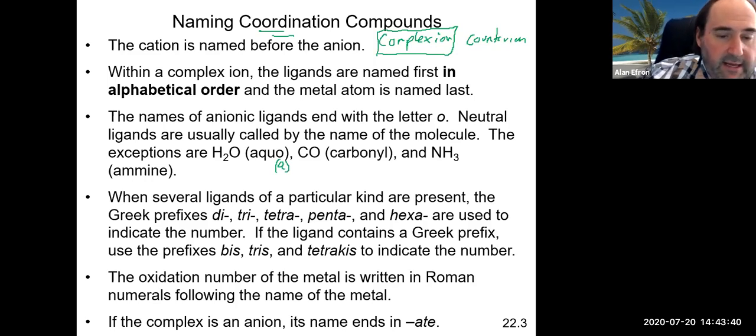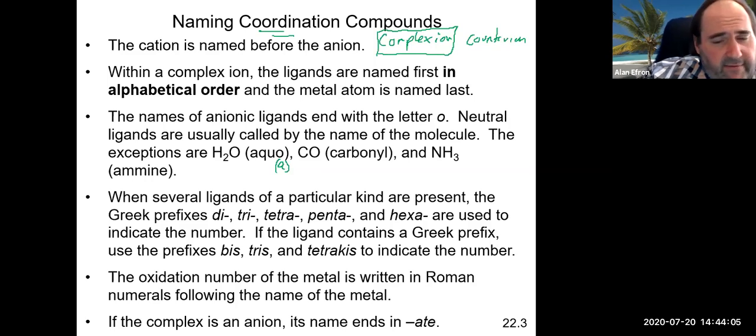CO is carbonyl, NH3 is amine. When several ligands of a particular kind are present, like more than one ammonia or more than one chlorine, you use prefixes like di for 2, tri for 3, tetra for 4, penta for 5, hexa for 6, to indicate how many you have.